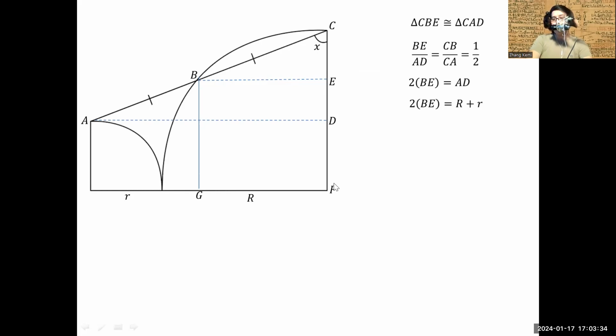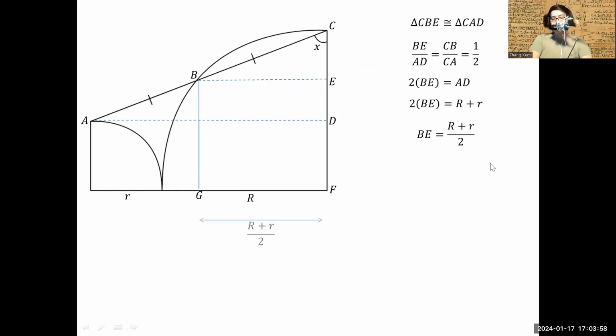By summing them up, I get the length AD, which gives us 2 times BE. I hope you see what's going on. By rearranging the terms, I get the length BE to be capital R plus small r over 2.